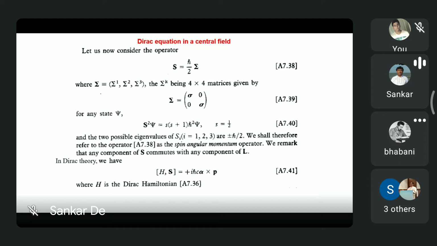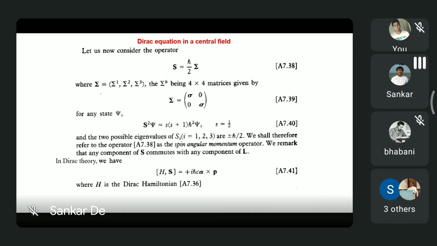And it is still the 4 by 4 matrix form, having an eigenvalue of plus minus half. Yes, nice to know actually.